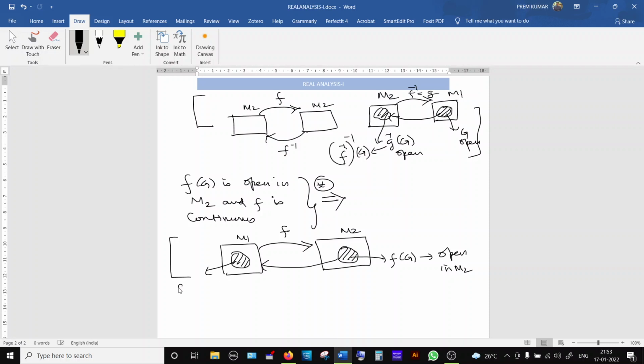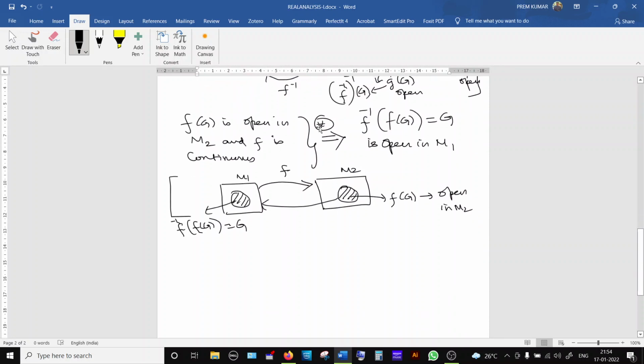This is f inverse of f of G, which is nothing but G. So f of G is open in M2 and f is continuous, so by the result star, f inverse of f of G, which is nothing but G, is open in M1. Hence, that is what we proved: G is open in M1.